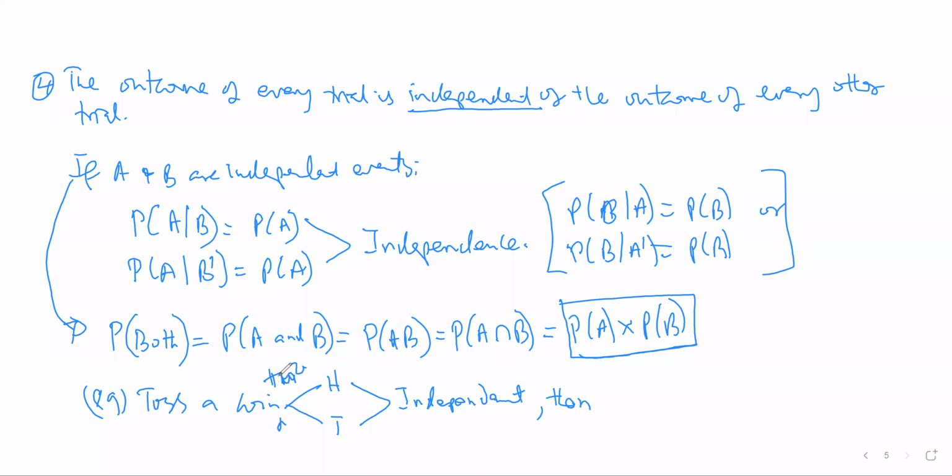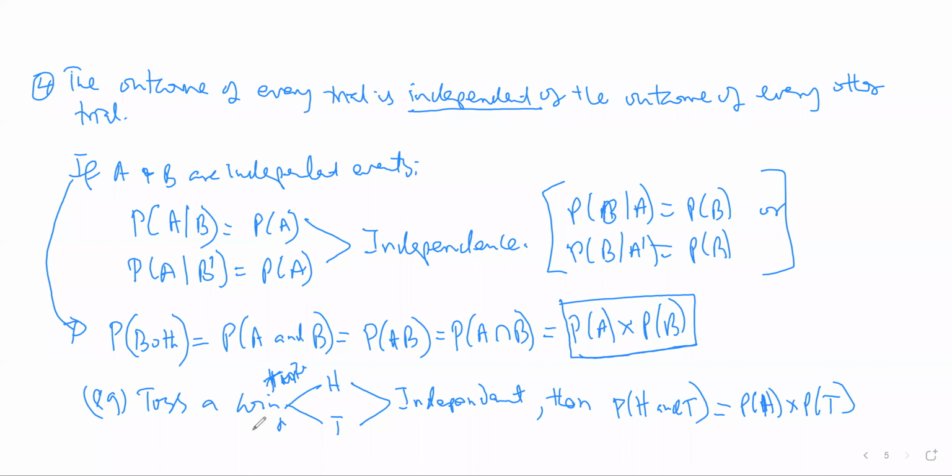So twice here means that the number of trials is 2. So the probability of getting head and tail in the two tosses is just the same as the probability of getting head and the probability of getting tail.